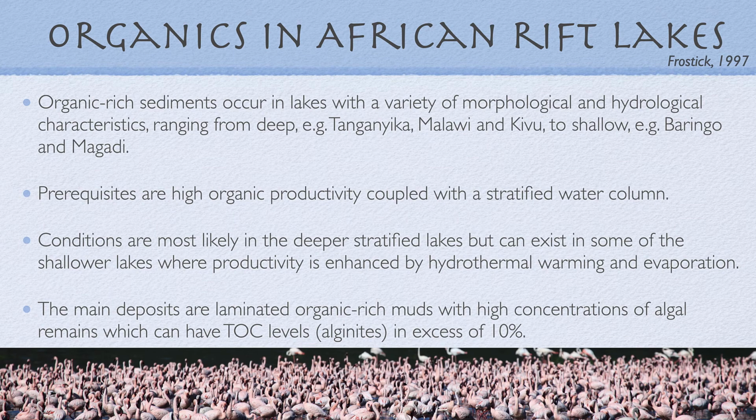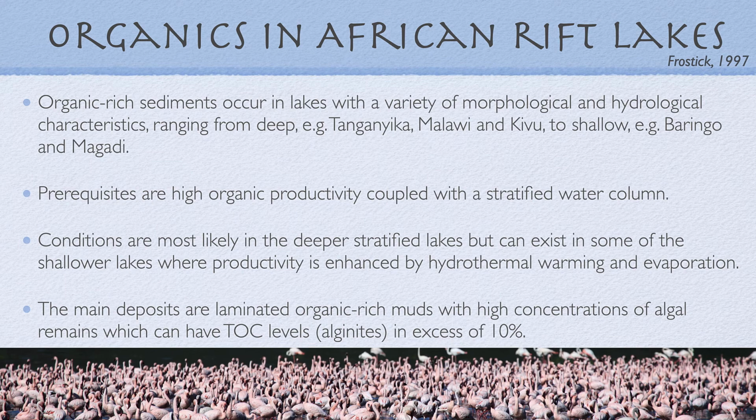And if we look at any of these schizohaline, mesohaline lakes, Tanganyika, Malawi, Kivu, Baringo and Magadi, we get quite elevated levels of TOC. In some of these stratified lakes, especially those with steeper sides and perennial water bodies, we can get laminites on the floor of those lakes, hydrogen-rich alginites, which have in excess of 10% TOC.